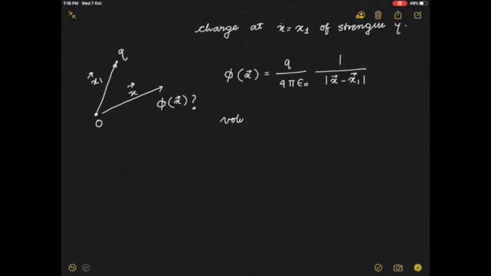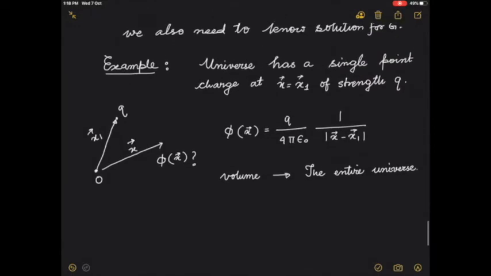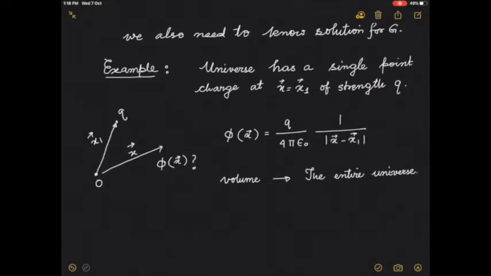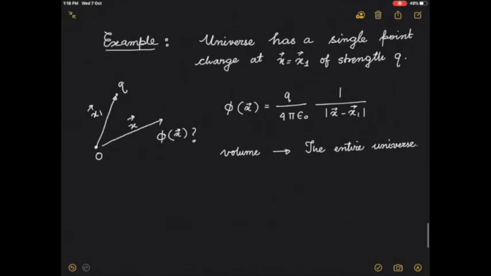First I have to set up a volume. So I take the volume to be the entire universe. I can do that because all I need to know inside the volume is all the charges inside it, and we know there is only one charge at x equals x1 of strength q. So I can write down the rho inside the volume.